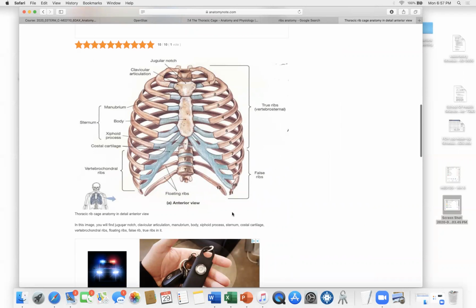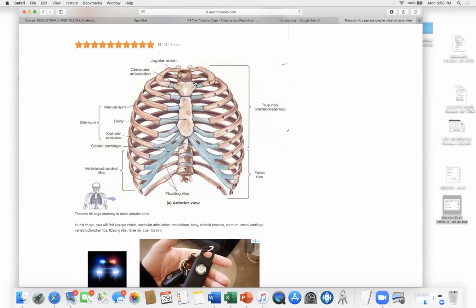Now, you have 12 ribs. The true ribs are ribs 1 through 7. So 1, 2, 3, 4, 5, 6, 7. They're called true ribs because they connect into cartilage that connects directly into your sternum, or breastbone. Here you have your jugular notch, and above it, your clavicle.